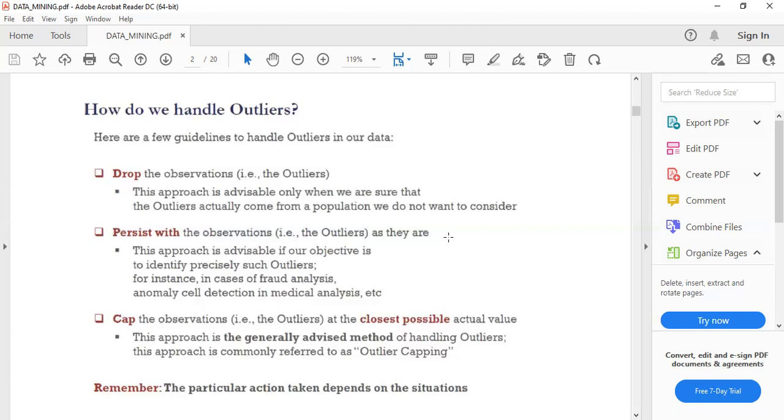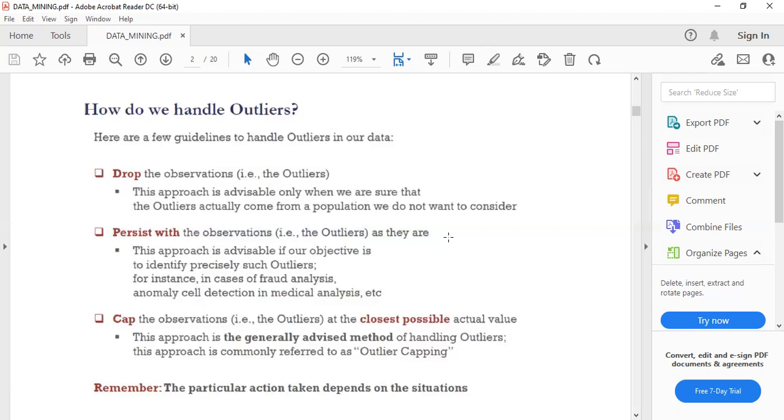Persist with the observations, that is the outliers, as they are. This approach is advisable if your objective is to identify precisely such outliers, for instance, in fraud analysis, anomaly detection in medical analysis, etc.